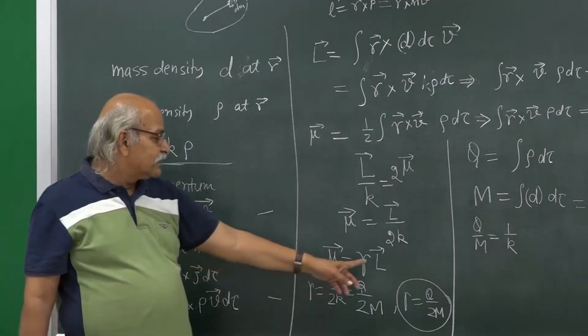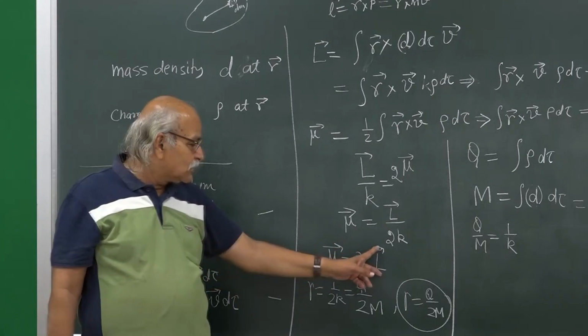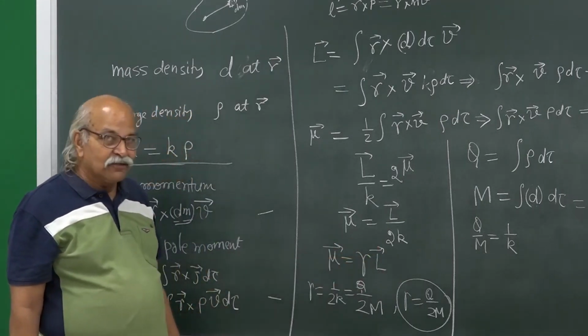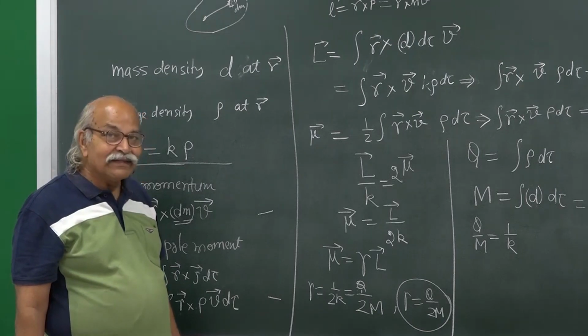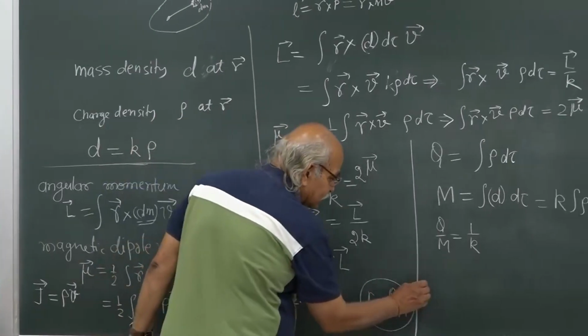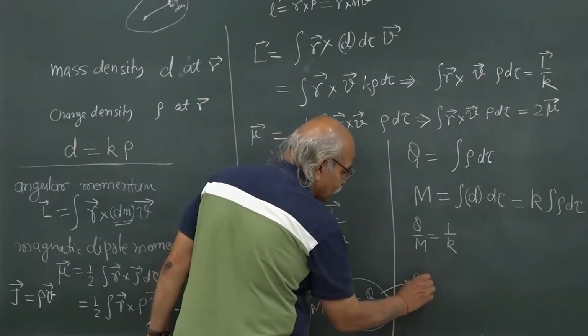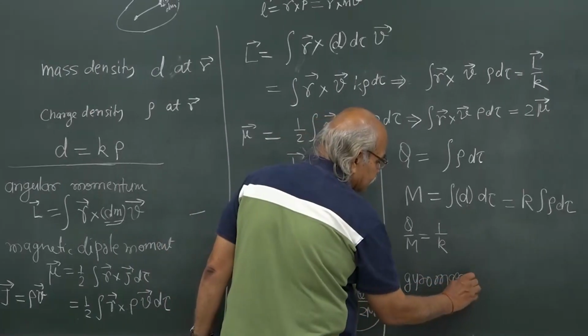Now, this ratio of magnetic moment and this L angular momentum, that is known as gyromagnetic ratio. So, this gamma is known as gyromagnetic ratio.